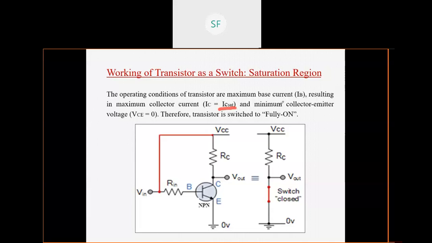right? And the collector emitter voltage VC will be 0 and transistor will be fully on. So now you can observe all these 4 parameters which we have discussed in cutoff region. These all 4 parameters are exactly at the opposite end. Means it is exactly opposite to the whatever we have seen in the cutoff region.